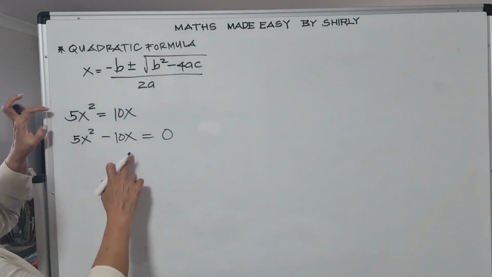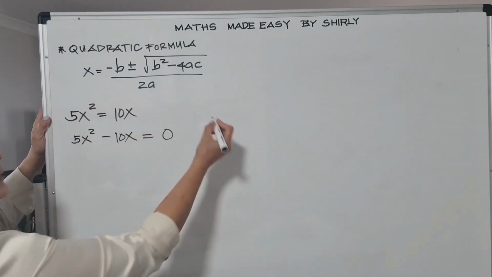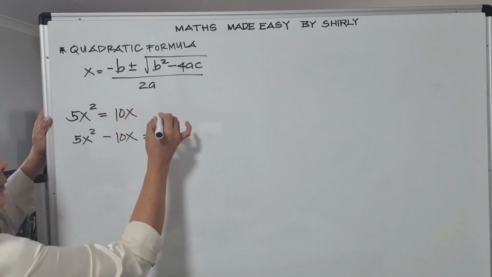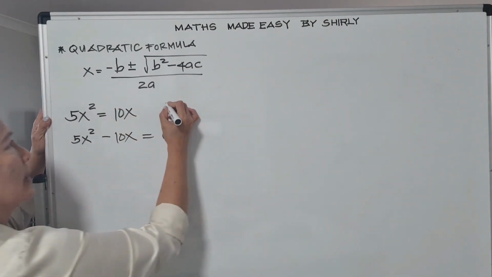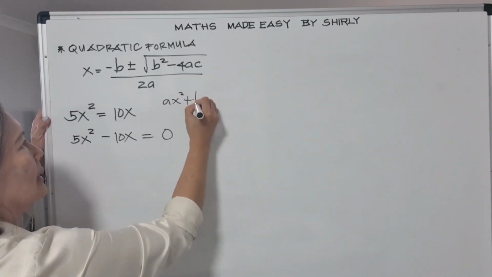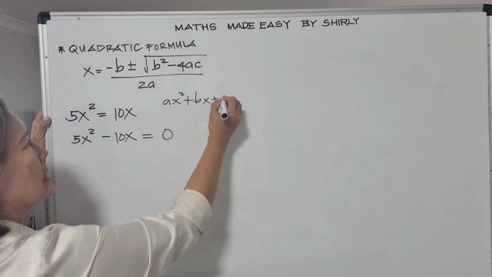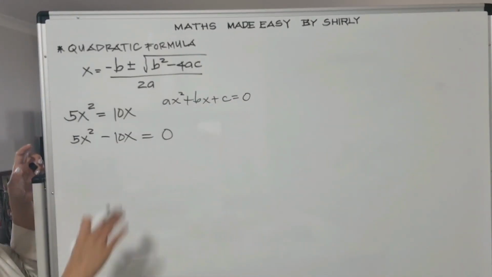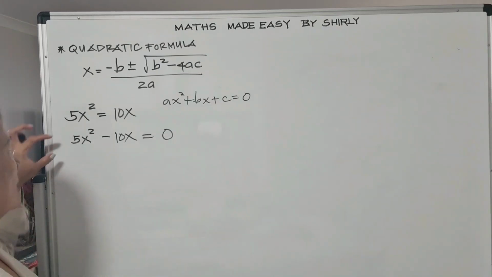So remember that the standard form of our quadratic equation is ax squared plus bx plus c equals 0, where c is a constant.